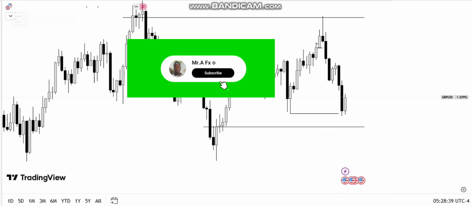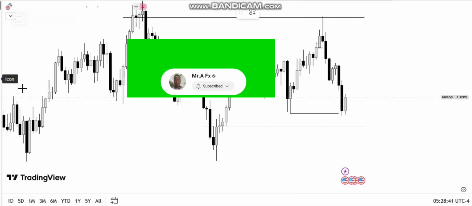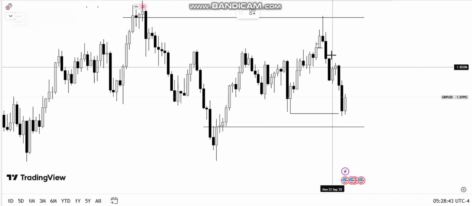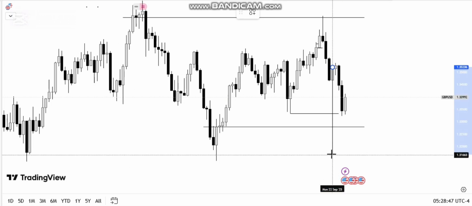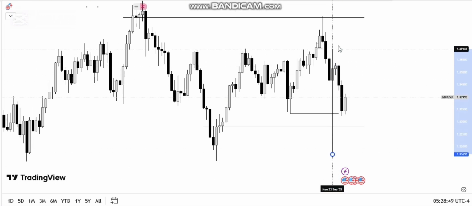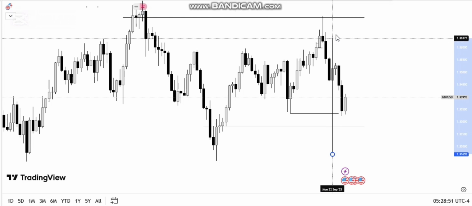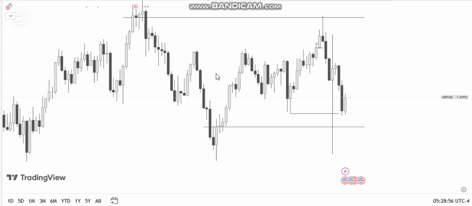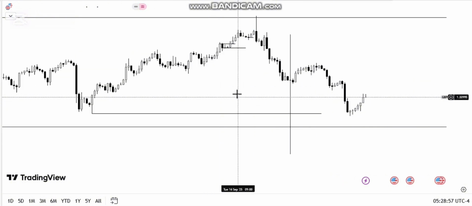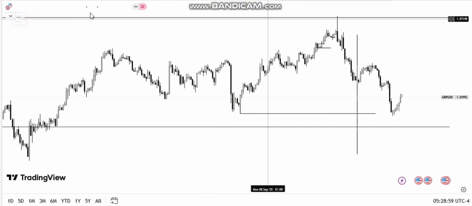Here, I put this line from here and project it up. Going to the 4 hours, I'm looking for an area where the market could have reacted from.